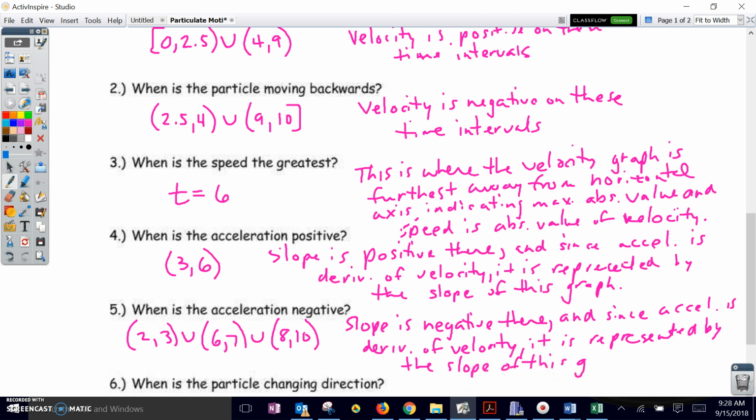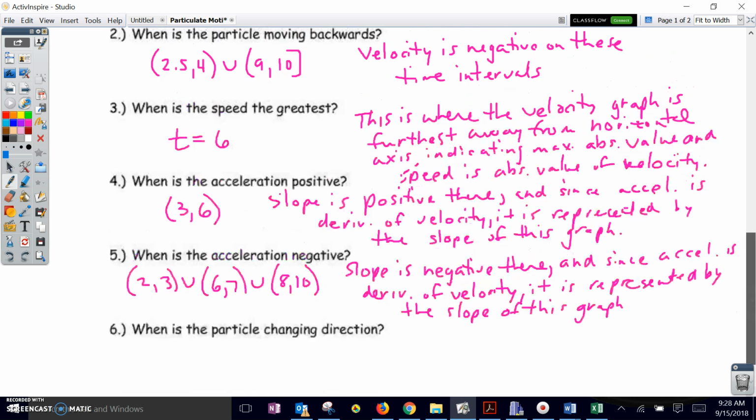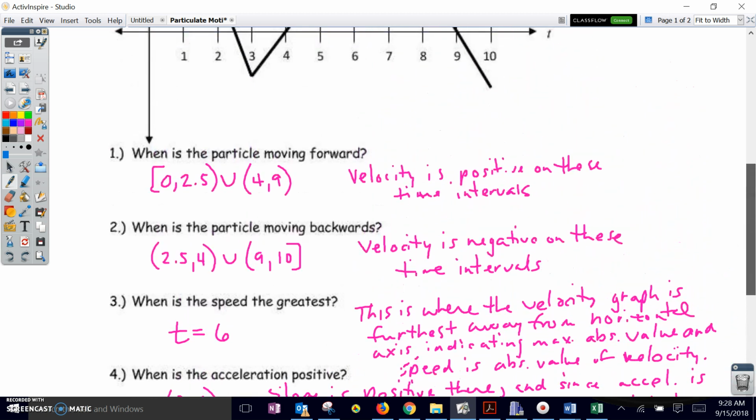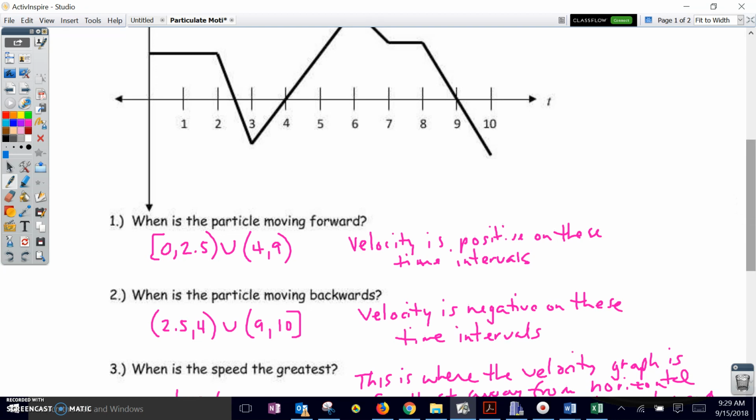I think we've got one more question on this one. Question 6. When is the particle changing direction? Now we talked yesterday, or whenever it was, in the particulate motion algebraic standpoint, that the particle changes direction when the velocity changes from positive to negative.